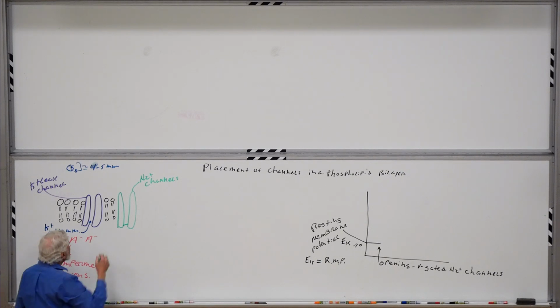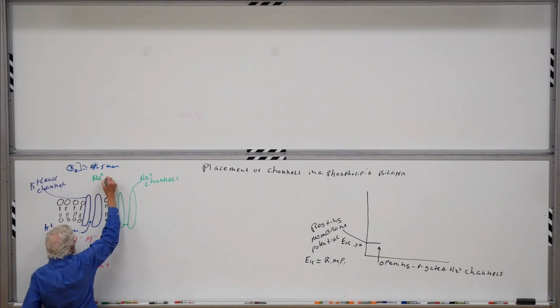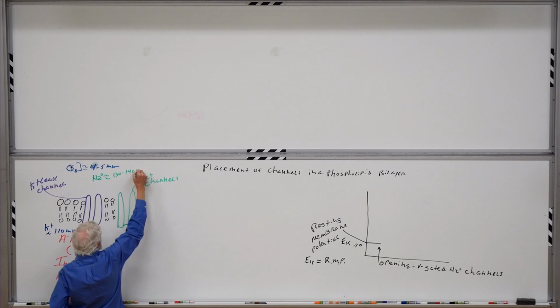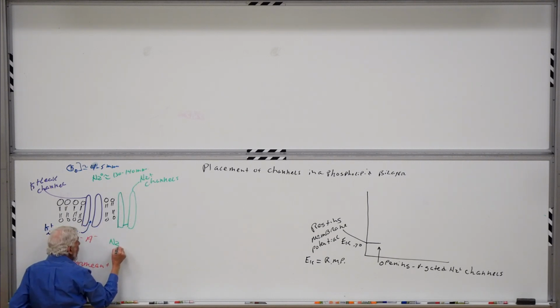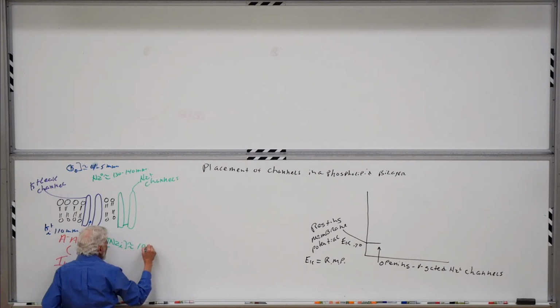And again, let's emphasize that the concentration of sodium on the outside is in the neighborhood of 130 to 140 millimolar. And the concentration of sodium on the inside of the cell is in the neighborhood of about 10 millimolar.